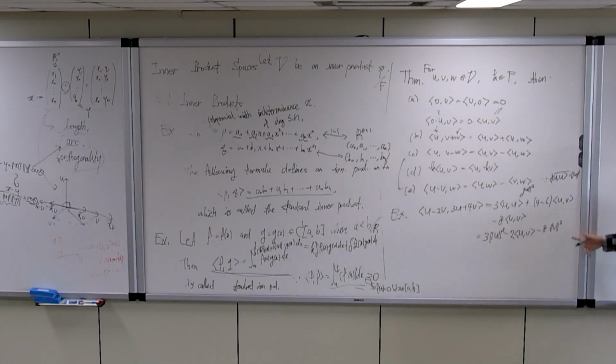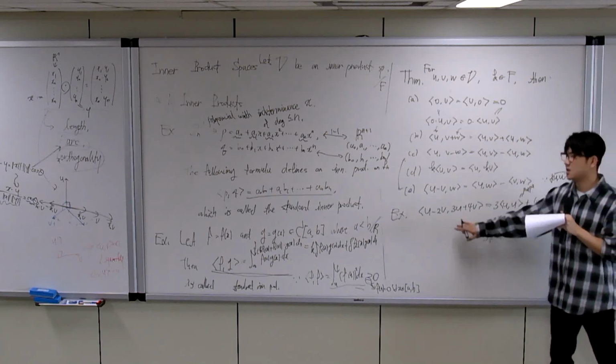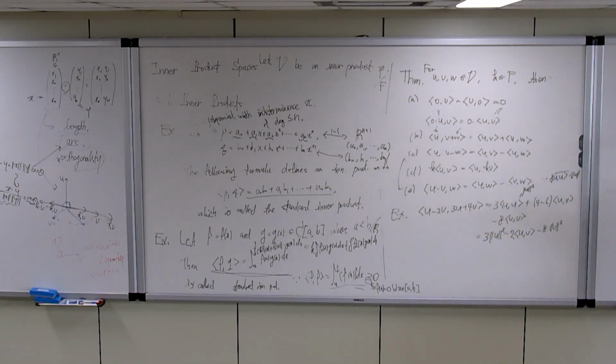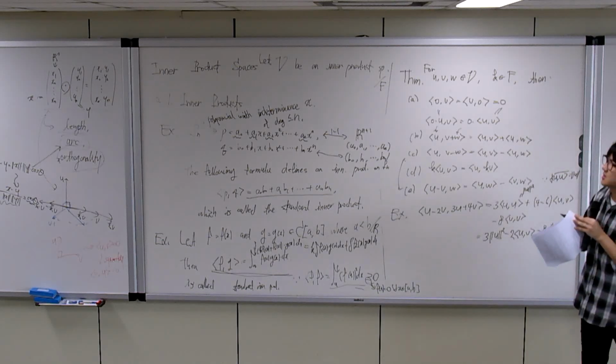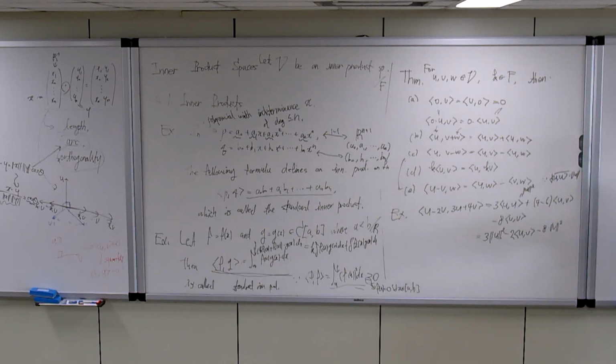We can calculate it in this form. And actually, by using this form, next class we will reconstruct the inner product from the norm. And I will also explain how to describe the arc from the given inner product.